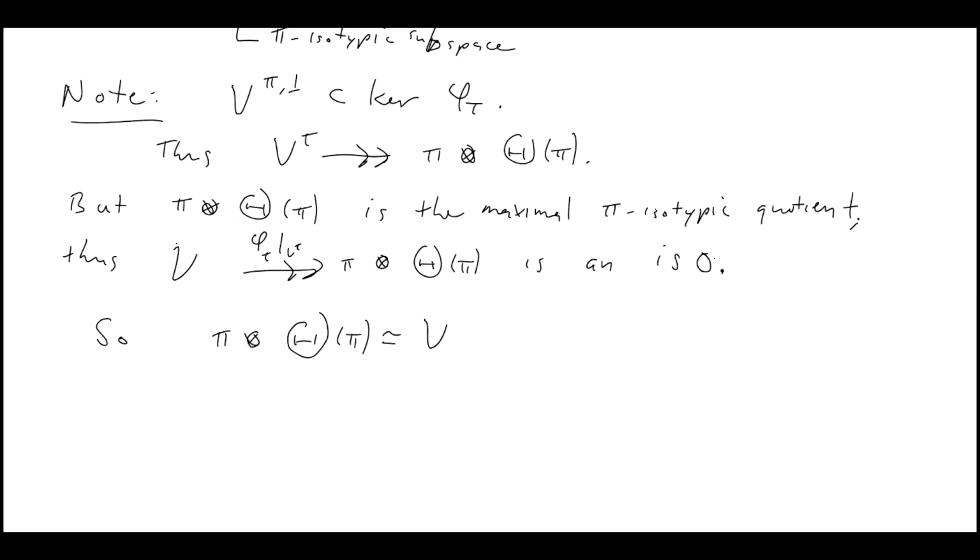Pi, pi, pi. Okay. So the tensor product is isomorphic to the pi isotypic subspace. And of course, this sits inside of the minimal representation, just by definition.